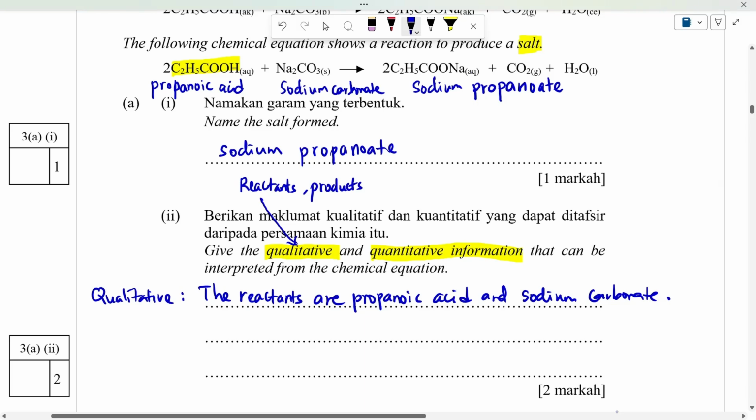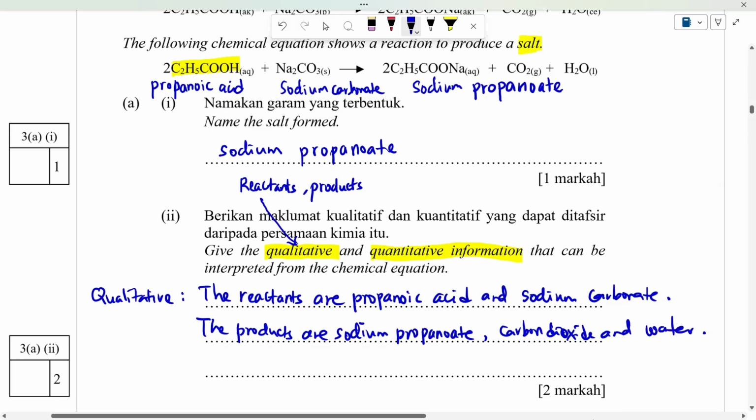The products are sodium propanoate, carbon dioxide and water. So this is what you need to write in the qualitative information. You must remember reactants and products.